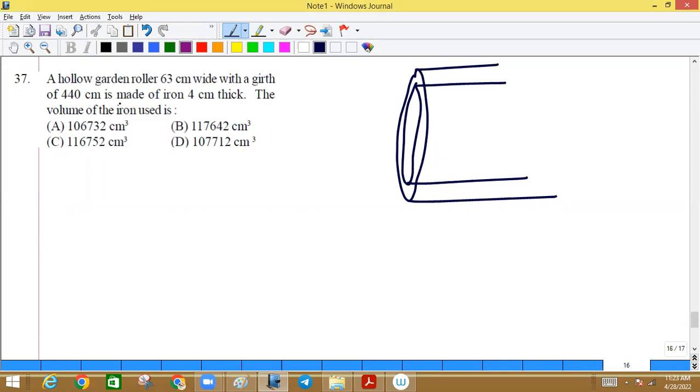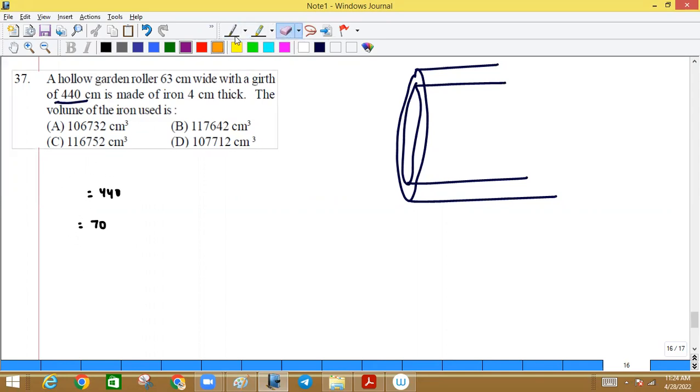The outer perimeter is how much? 440. If 2 pi r is 440, we can say r is equal to 70. Because we know 7 means 44, 70 means 440. Yes or no? Even if you solve it, you'll get 70.